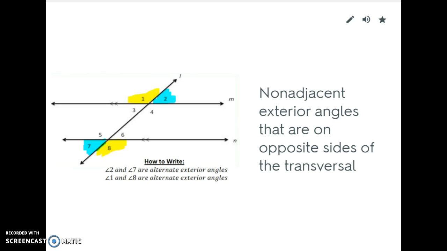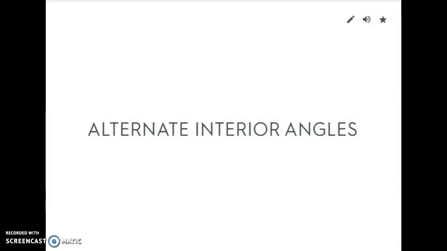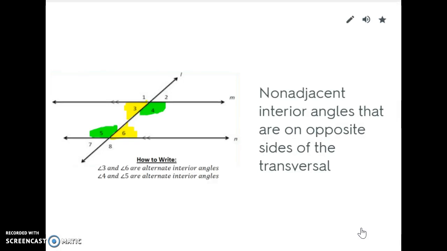Okay, so 1 and 8 are alternate exterior, 2 and 7 are alternate exteriors, and they alternate the sides of that transversal. The next type we have is alternate interior, and it's the same idea. They're going to alternate sides of the transversal, but this time they're inside. So 3 is alternate interior with 6, and 4 is alternate interior with 5.